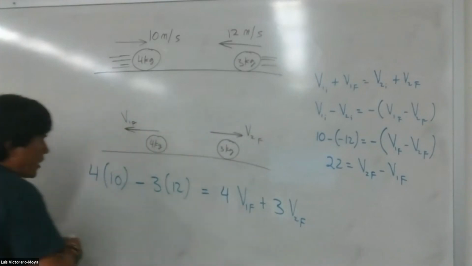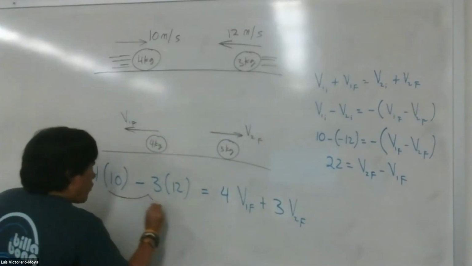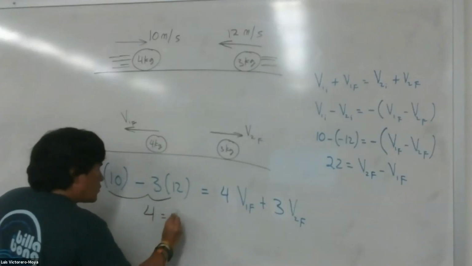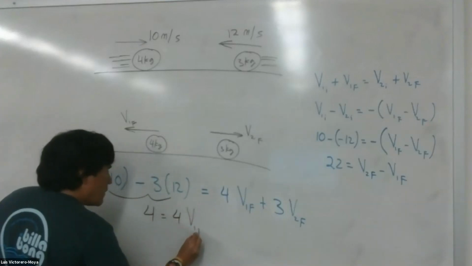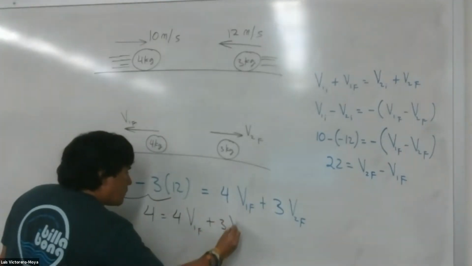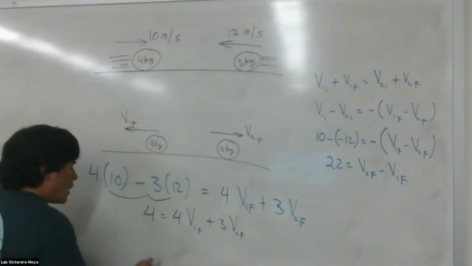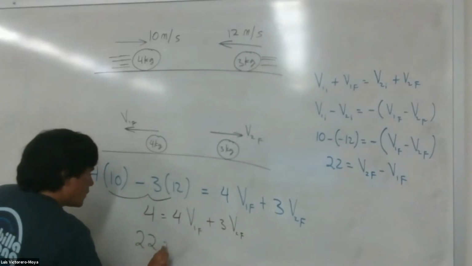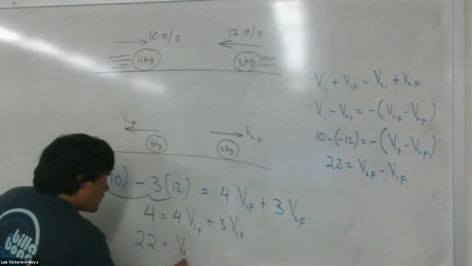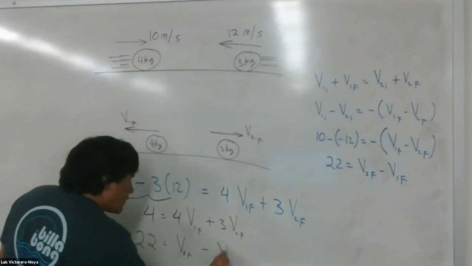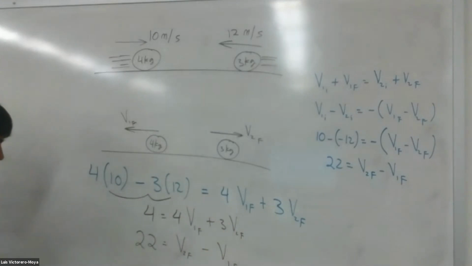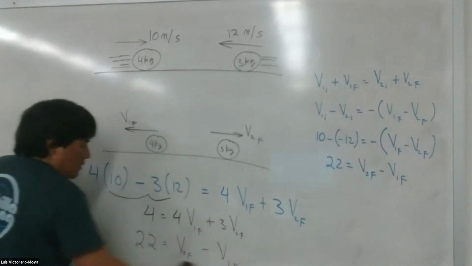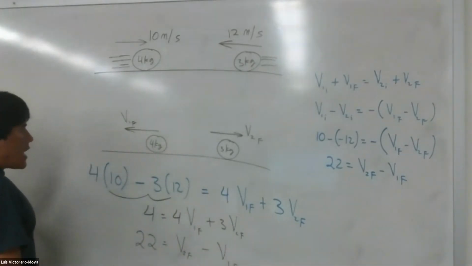So what I have here is one equation: 4 equals 4 V1 final plus 3 V2 final. And 22 equals V2 final minus V1 final. All right, so I have a system of 2 variables and 2 equations, right?